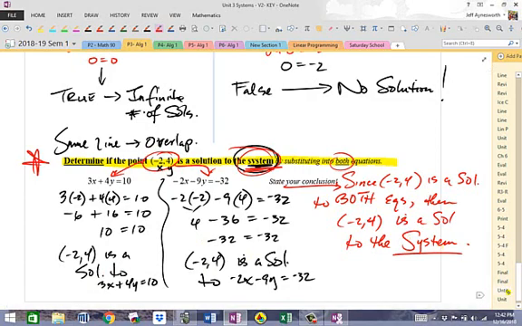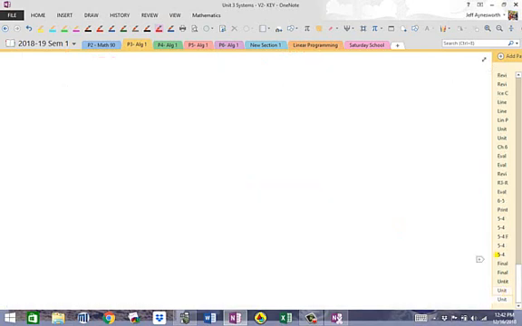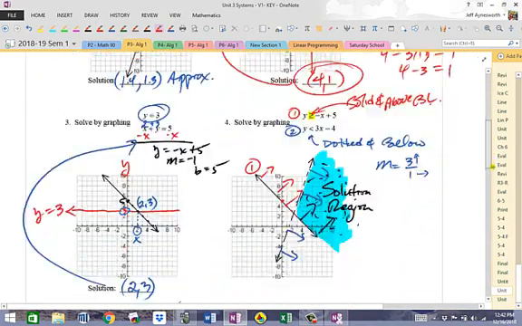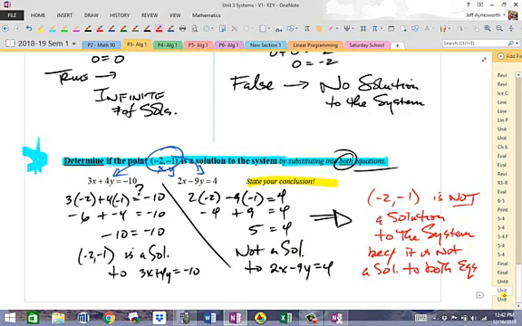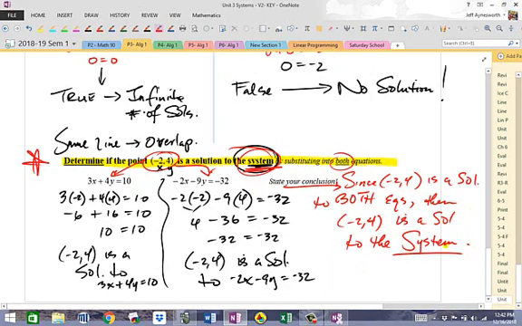On the previous version, on version 1 here, if you go back, look at this. It's a solution to the first one, but not the second one. And that's why I said it's not a solution to the system. So there's a big difference there. For it to be a solution to the system, it has to be a solution to both equations, not one, but both. Key idea.